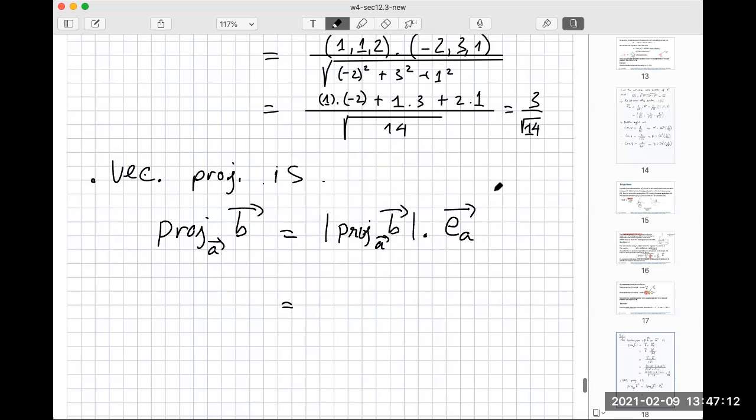The scalar projection of this will be 3 square root of 14. We just found it here. Okay. Multiply with the vector A, which is very good. The magnitude of this guy will be square root of 14, right?